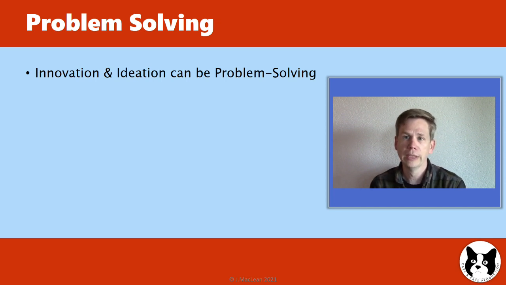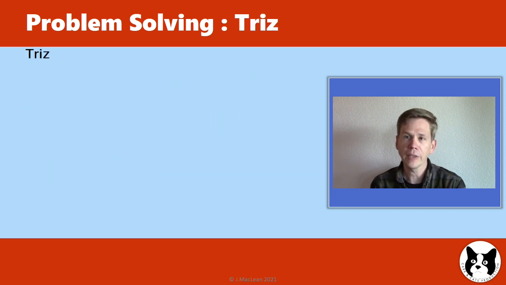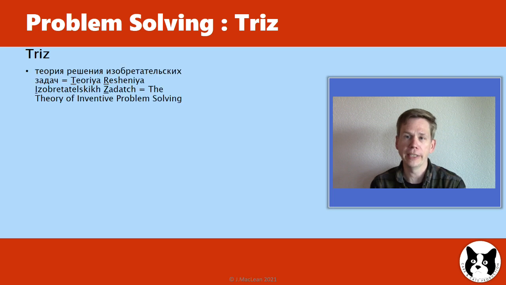The good thing about problem solving is there are a lot of well-defined processes based on real examples, and anything which is a well-defined process with real examples is great for engineers. So these are particularly used in engineering. The first one I want to talk about is something called TRIZ. It's a Russian acronym, but in English what it means is the theory of inventive problem solving.